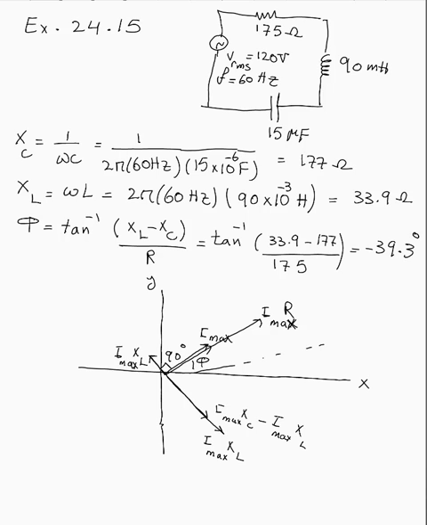Now I'm going to do the vector sum between this difference and R. So this is going to be my V max, which is equal to I max times Z. And as you can see here, the total voltage is lagging the current because phi is negative.